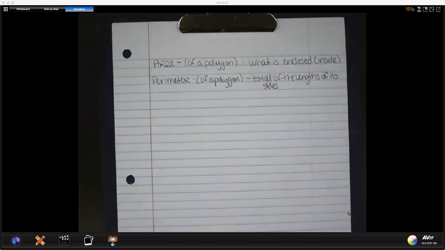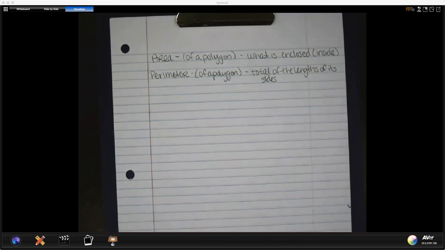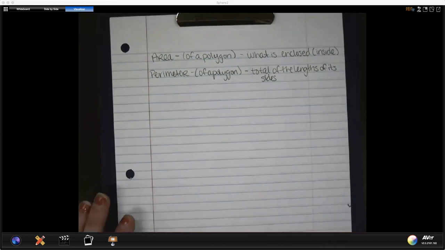So add all the sides up. So the total is your perimeter. All right, so we're just going to talk about the two basics of area and perimeter. We're not going to do every single polygon because they get kind of crazy. We're just going to do the basics.